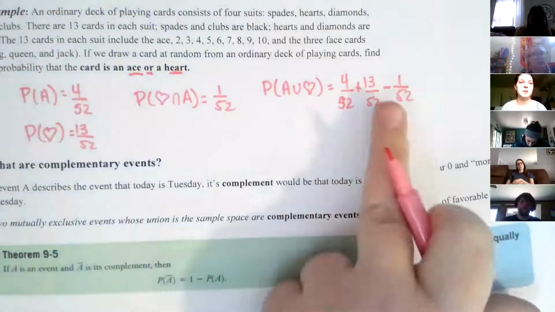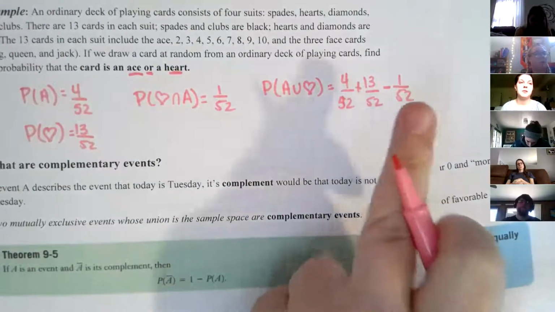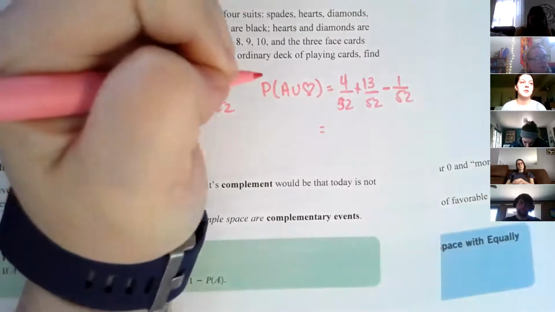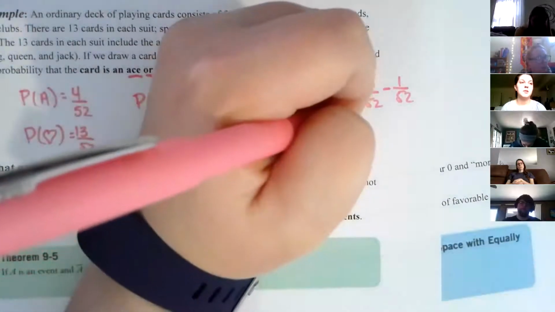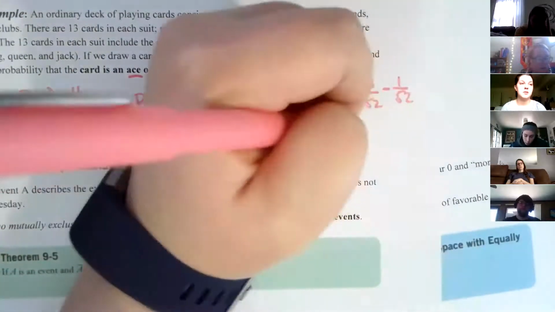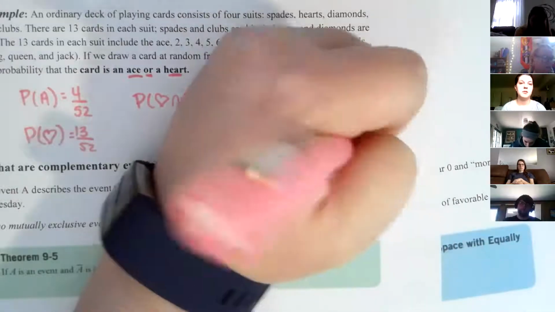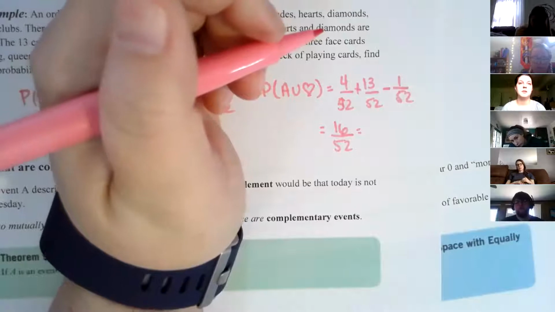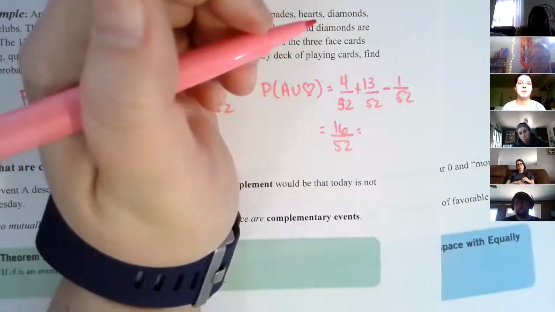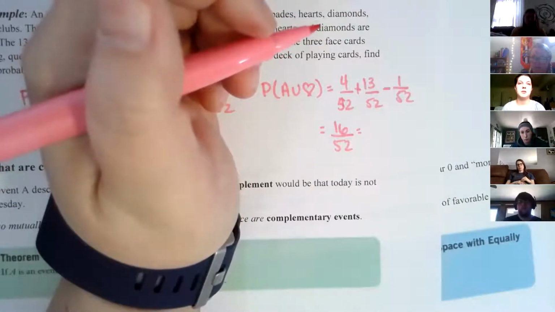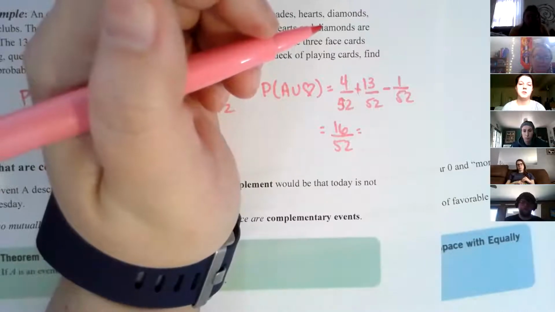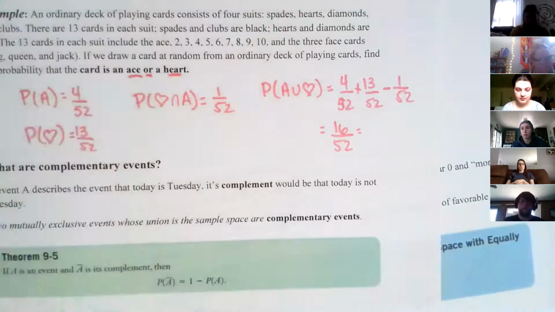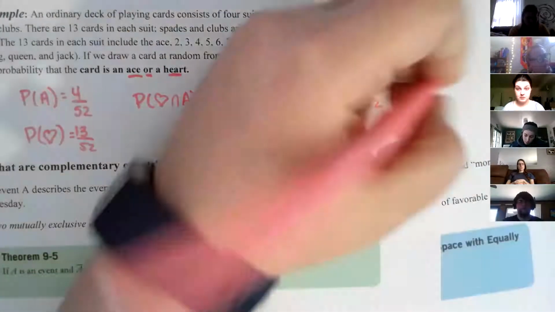Because if I don't subtract out that 1 out of 52, I double counted the ace of hearts. So that's going to give me 16 out of 52, which is 4/13. Right?